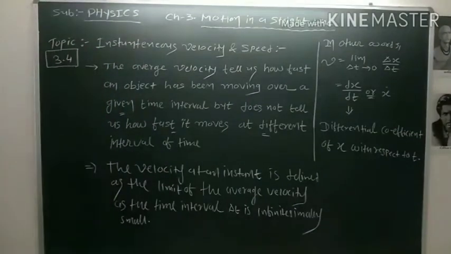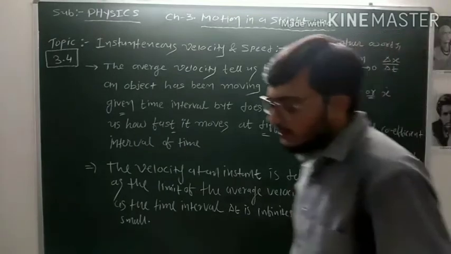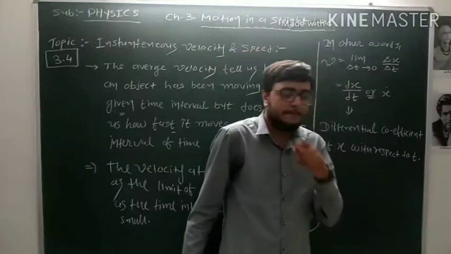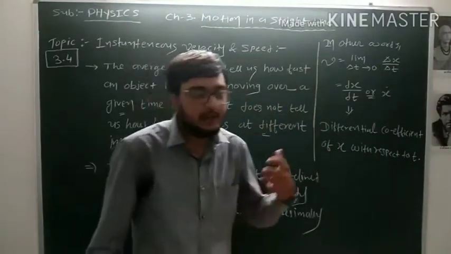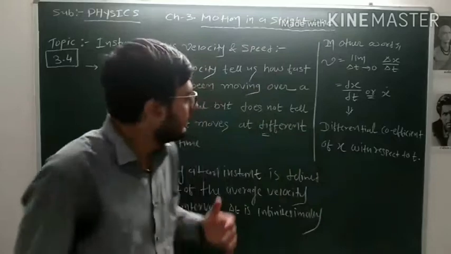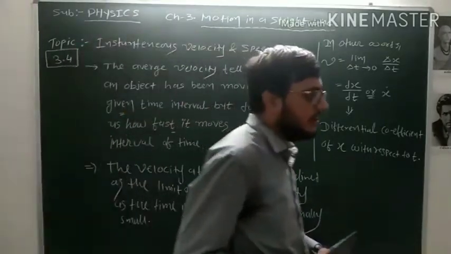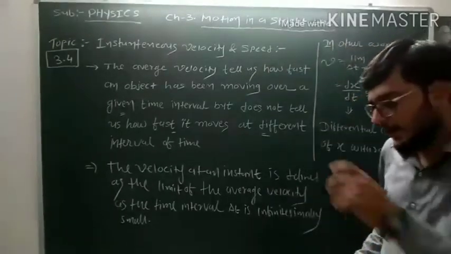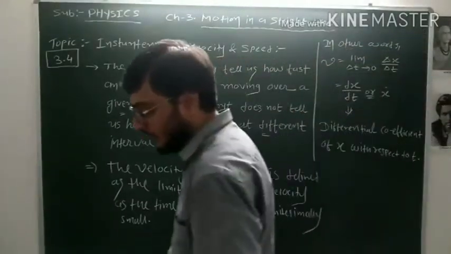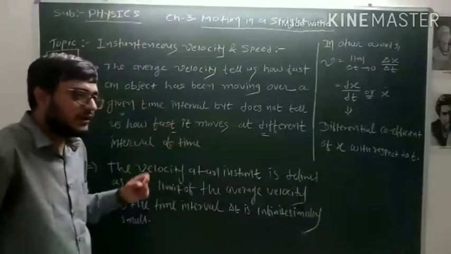This is the instantaneous velocity at a particular time. Here we obtain the instantaneous velocity using the graphical method and numerical method. First of all, we talk about the graphical method, and using it we can find out the instantaneous velocity at a particular point.